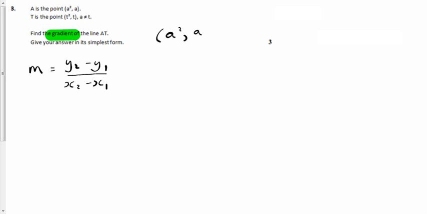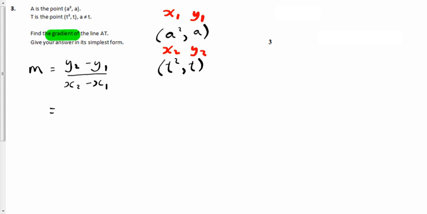Now, the key to this question is not to get worried about the fact that we've got algebraic terms. I would label them x1, y1, x2, y2, same as I would with any question like this, just so I know that I'm putting the right term into the right place in the formula.